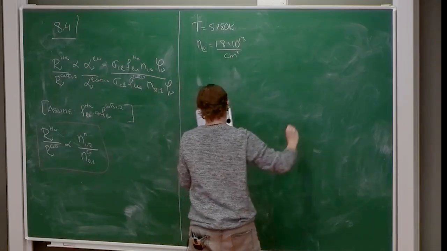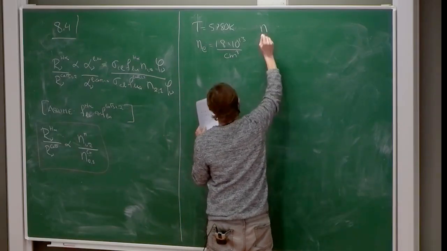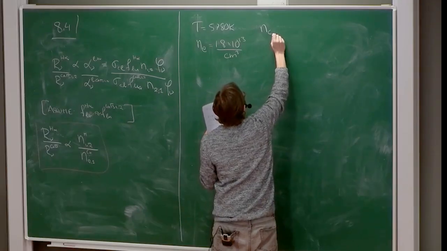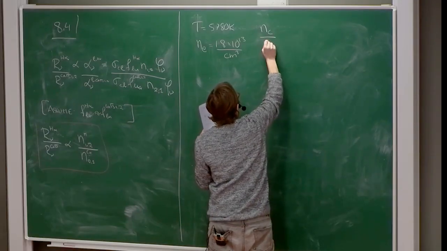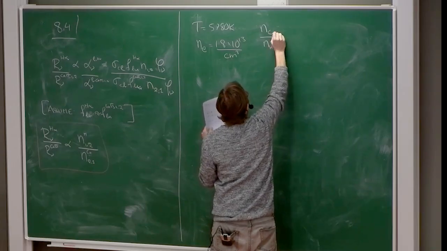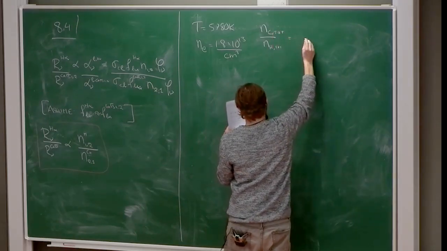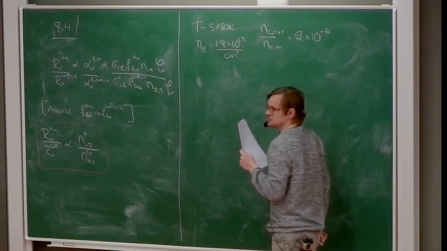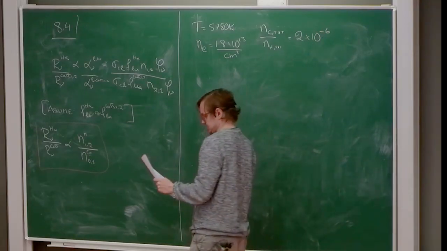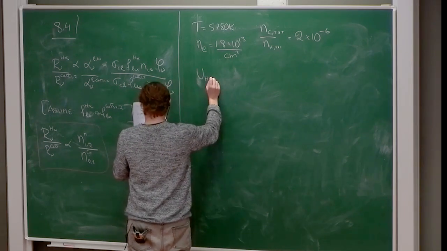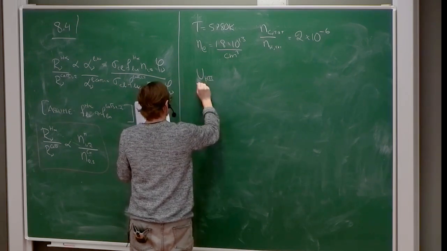But here it's given for convenience of solving the exercise. It becomes too massive otherwise. And we have a number abundance of calcium versus hydrogen, total given, and that we know nowadays is, like mentioned also in the video, only like 2 parts in a million. So 2 times 10 to the minus 6. Surely that cannot be true.